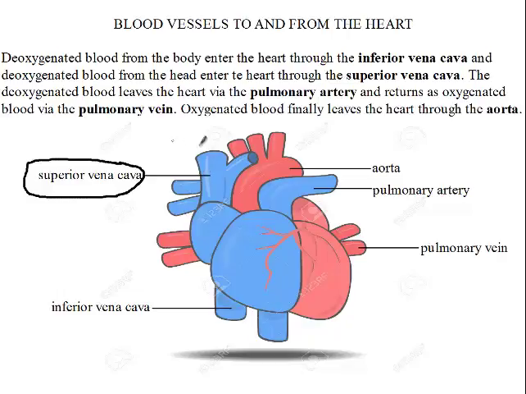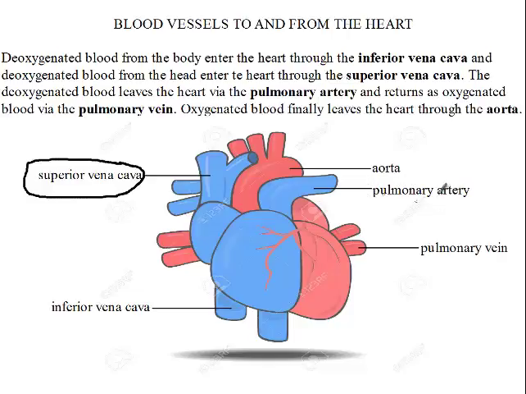So superior is receiving from the head area, and then the inferior is receiving from the bottom part. So these are two receiving vessels. Now the deoxygenated blood is pumped via the pulmonary artery into the lungs.